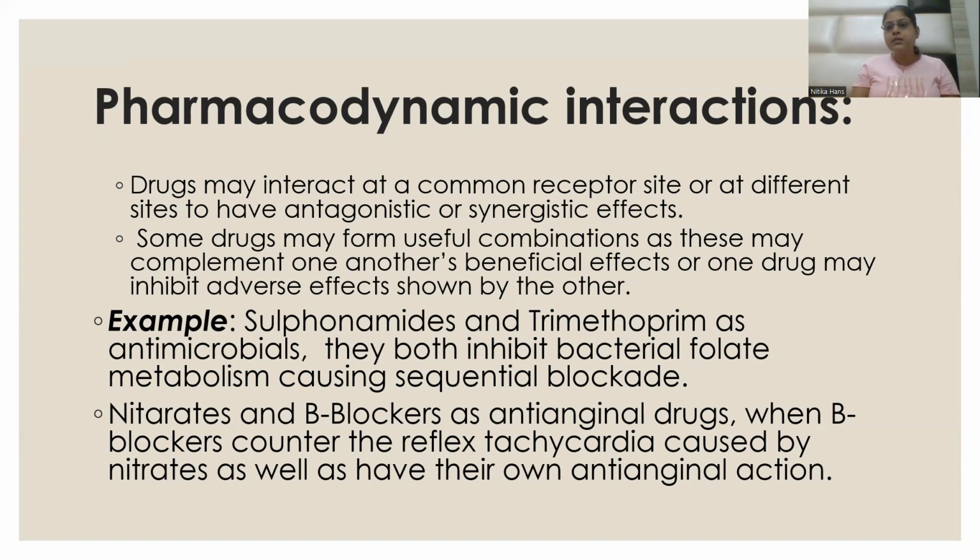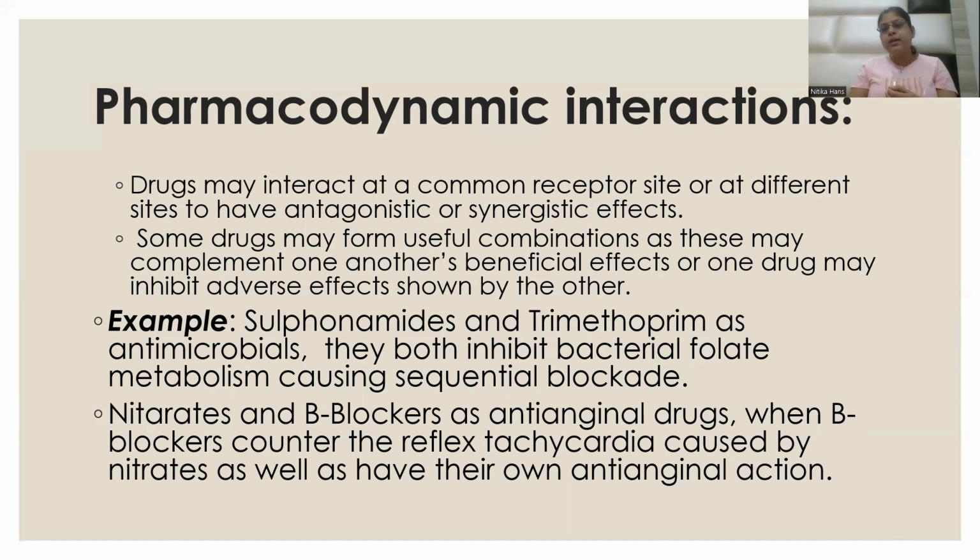Like sulfonamide and trimethoprim. Now, sulfonamide is the dihydropteroate synthase inhibitor, and trimethoprim is the dihydrofolate reductase inhibitor. So PABA and glutamate do not get converted to dihydrofolic acid by inhibiting the enzyme dihydropteroate synthase, and the dihydrofolate reductase inhibitor is trimethoprim.